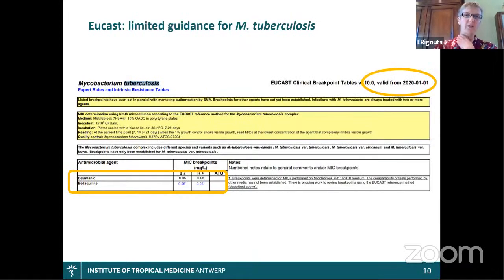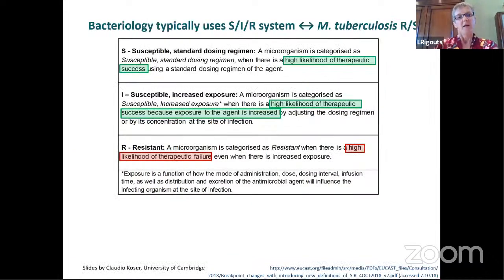If you look at the EUCAST recommendations, there is limited guidance for Mycobacterium tuberculosis. In the 2020 recommendation, you can see that there's only a critical concentration defined for delamanid and bedaquiline. In bacteriology, typically, the system of susceptible, intermediate, and resistant is used, while in tuberculosis, usually we only use resistant or susceptible.